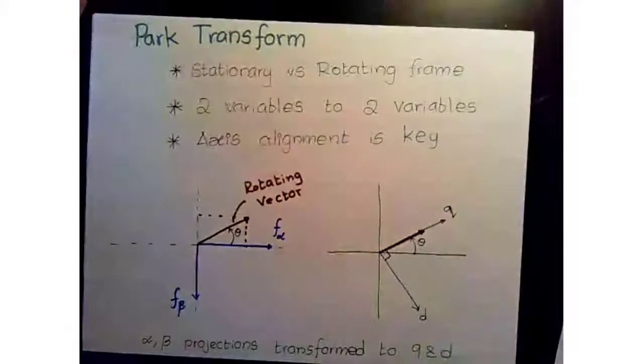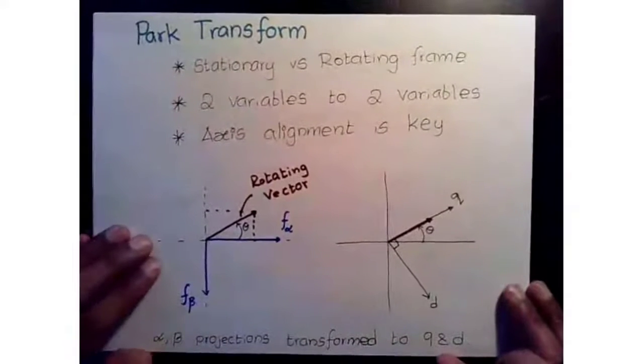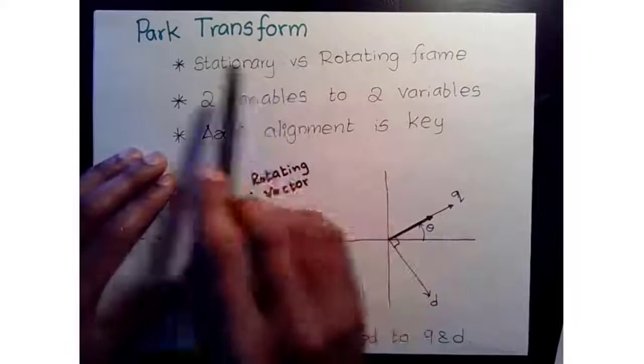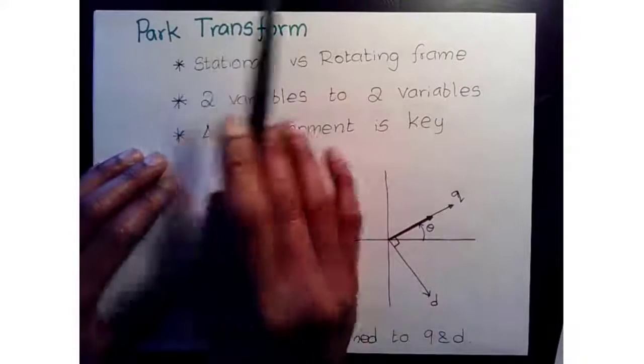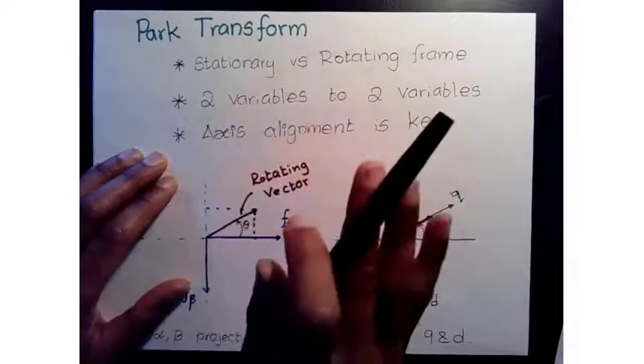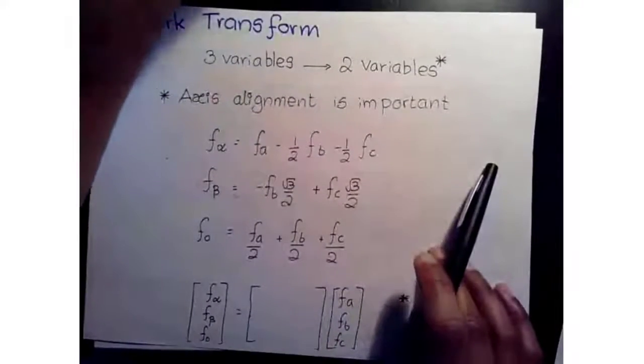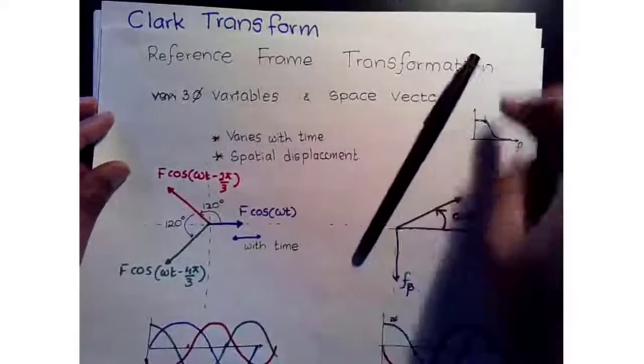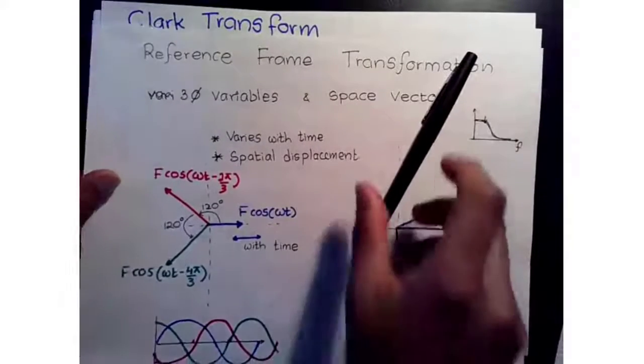Now the next one is very interesting. Previously we said our axes alpha beta are stationary, they are staying in place, and the vector is rotating, and we are looking at the projections.